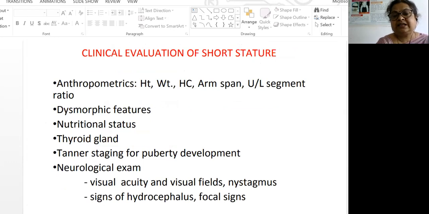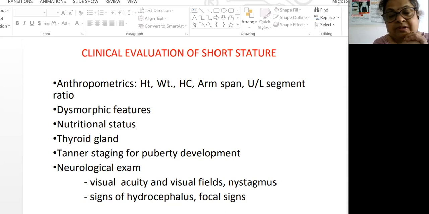So, initial evaluation of short stature. What to do? You have to do first anthropometry, that is height, weight, head circumference, arm span, upper segment and lower segment ratio. Then you have to see dysmorphic features. What dysmorphic features are present, if any, in the child? Then its nutritional status: what amount of calories is needed, what he is taking, and what is the calorie deficit.